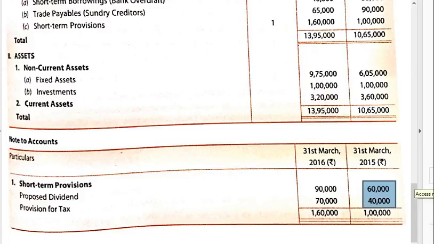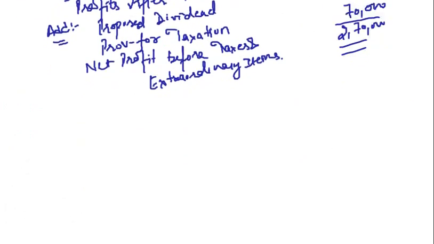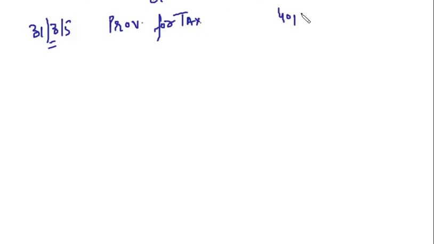See, on 31st of March 2015, you created a provision for taxation of 40,000. Now on 31st of March 2015, you close your books, right? Your new period starts from 1/4/15 to 31/3/16.